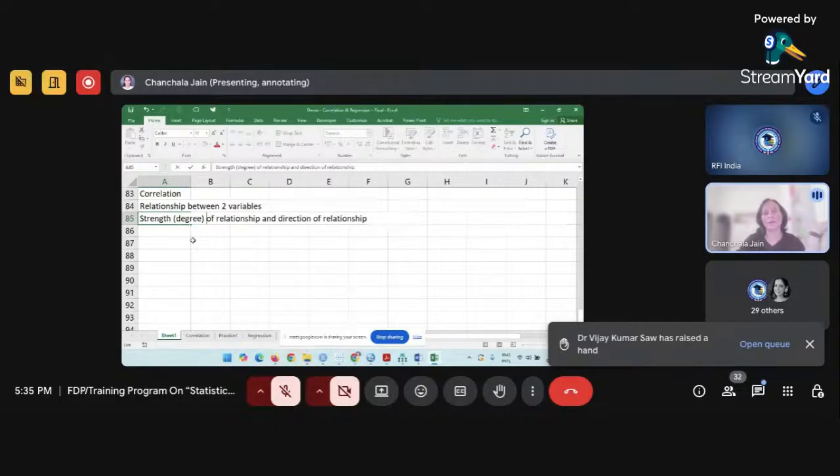Suppose it is 0.78, so we can say 78%, right? So correlation can help you to understand the degree of relationship, the strength, and the direction of relationship, right? That means in which direction two variables are related to each other. That is the crux of correlation, right? Very simple, degree and direction.